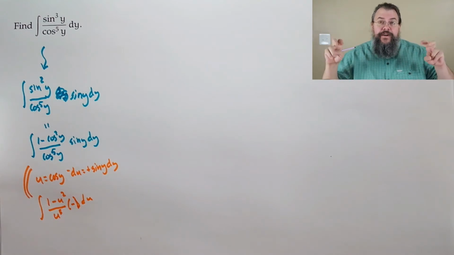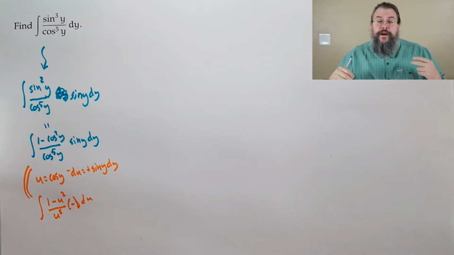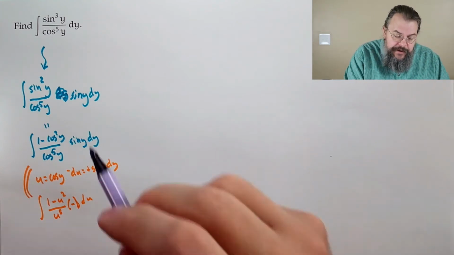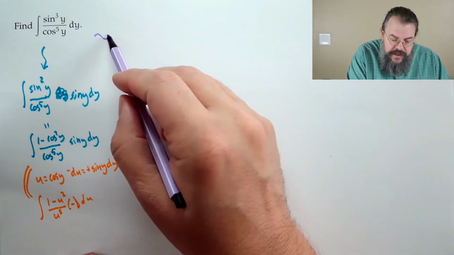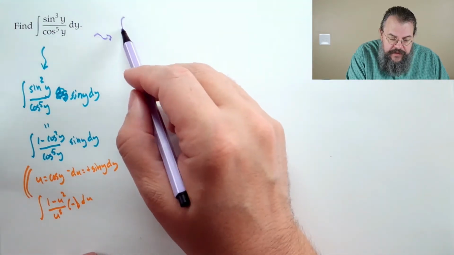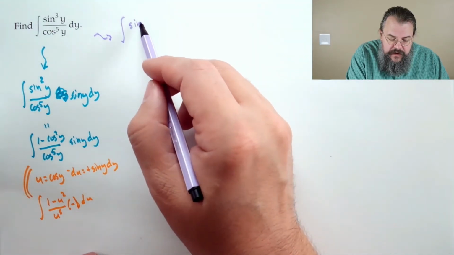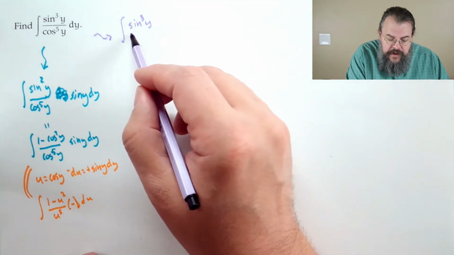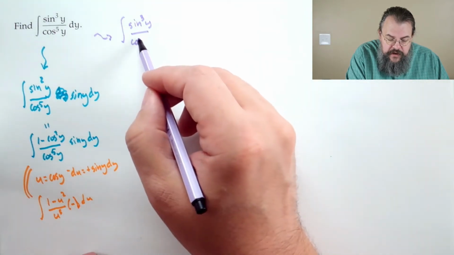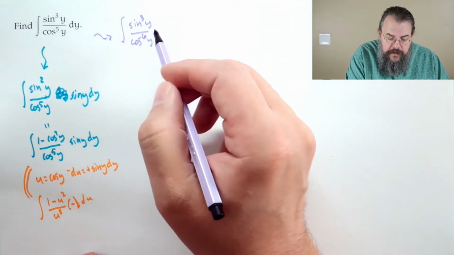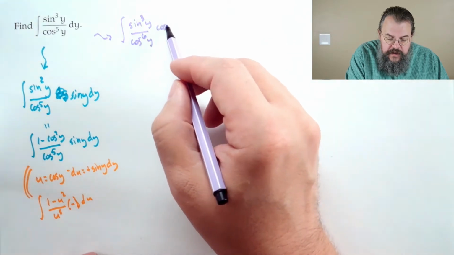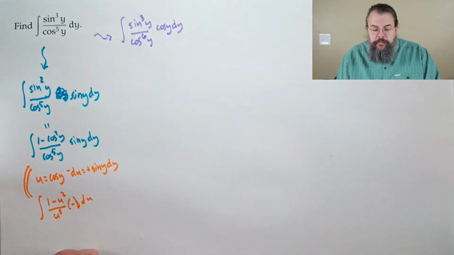If you want to pull a cosine off from the denominator, imagine multiplying both top and bottom by cosine. Okay, well, that would be the following. You'd have the integral of sine cubed y over cosine to the 6th y times a cosine y dy.